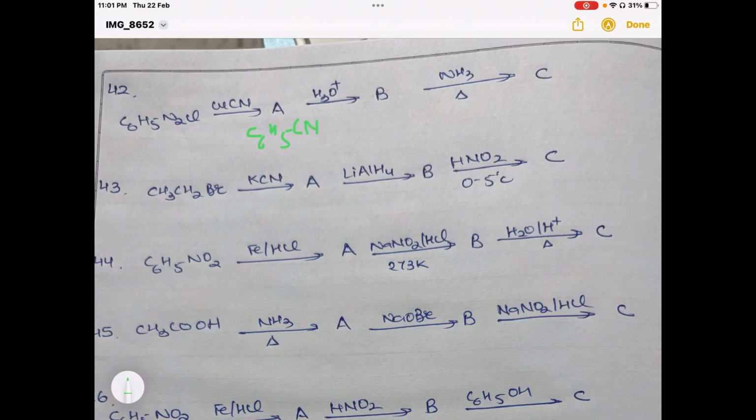This C6H5CN on complete hydrolysis changes into COOH, carboxylic part. Carboxylic group with ammonia forms COONH4, and this on heating gives an amide, C6H5CONH2 part here.